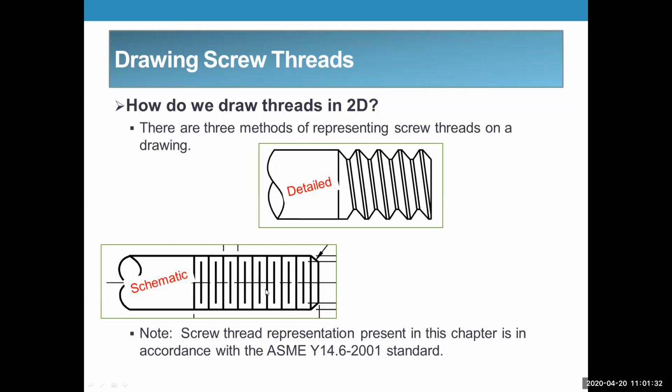But when you do a schematic, these short lines are still supposed to represent the minor diameter. This is supposed to represent the major diameter, and the distance between the long lines or the short lines is supposed to represent the pitch.